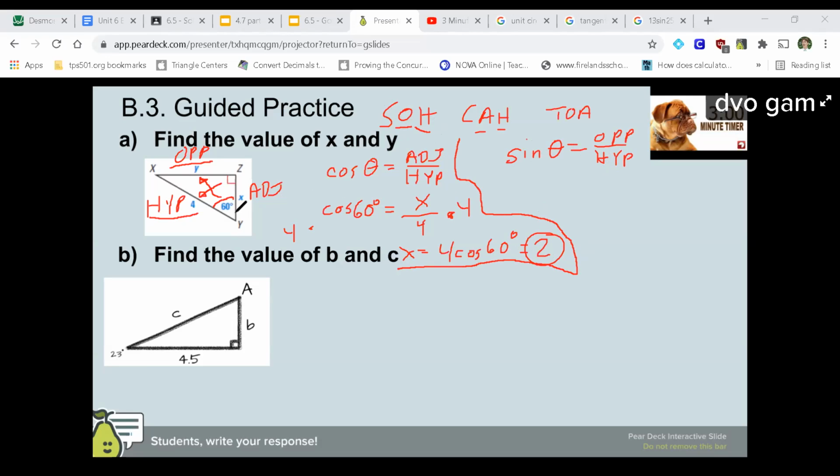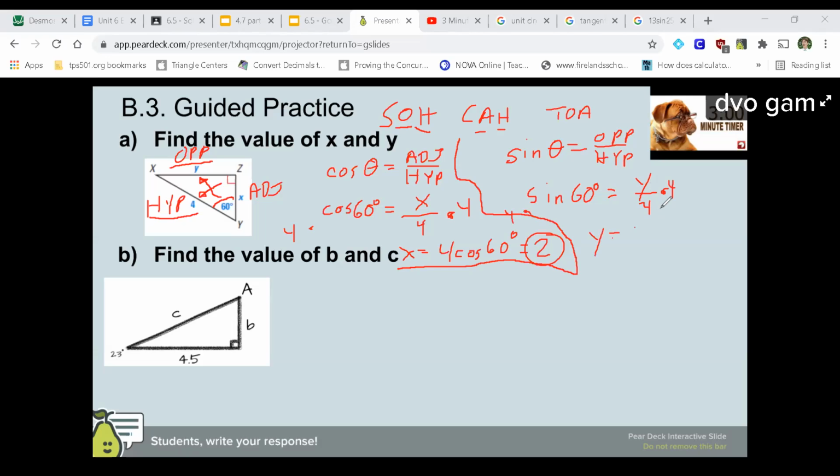If we plug in our values, our angle is 60 degrees. The opposite side is y, and the hypotenuse is 4. If I want to get y by itself, I need to get rid of the divide by 4. And the opposite of dividing by 4 is to multiply by 4.